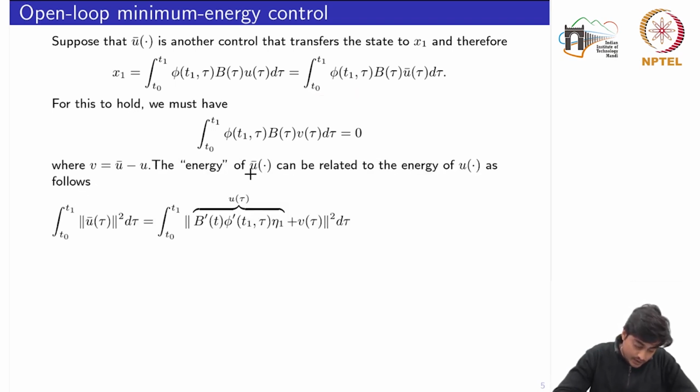Now let's compute the energy of the signal u bar. The energy of the signal u bar can be computed by the formula which we had specified earlier. Now writing the u bar here, u bar would be, from this equation, v plus u. Okay, and u is the signal that was specified in the theorem.